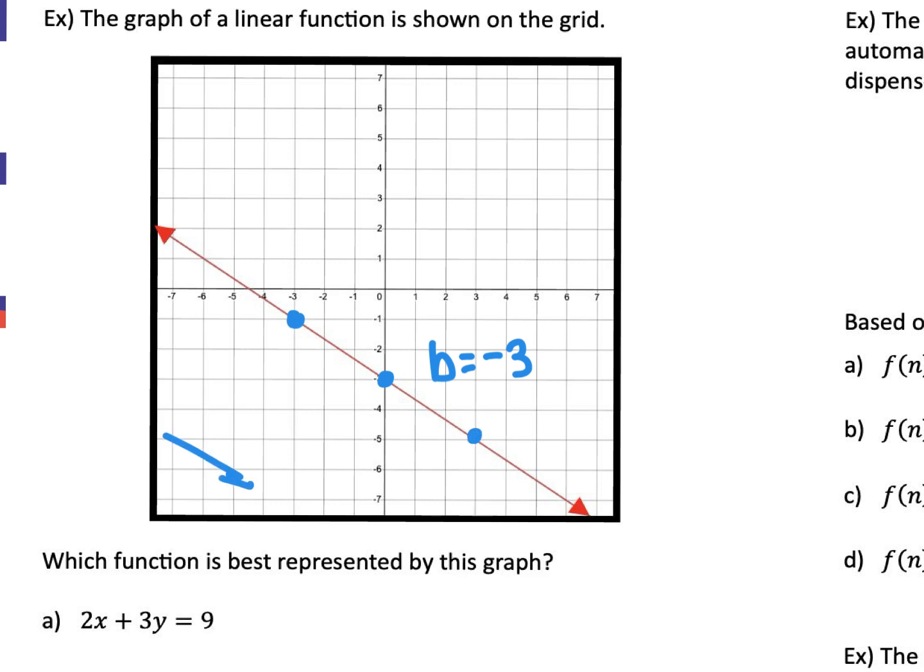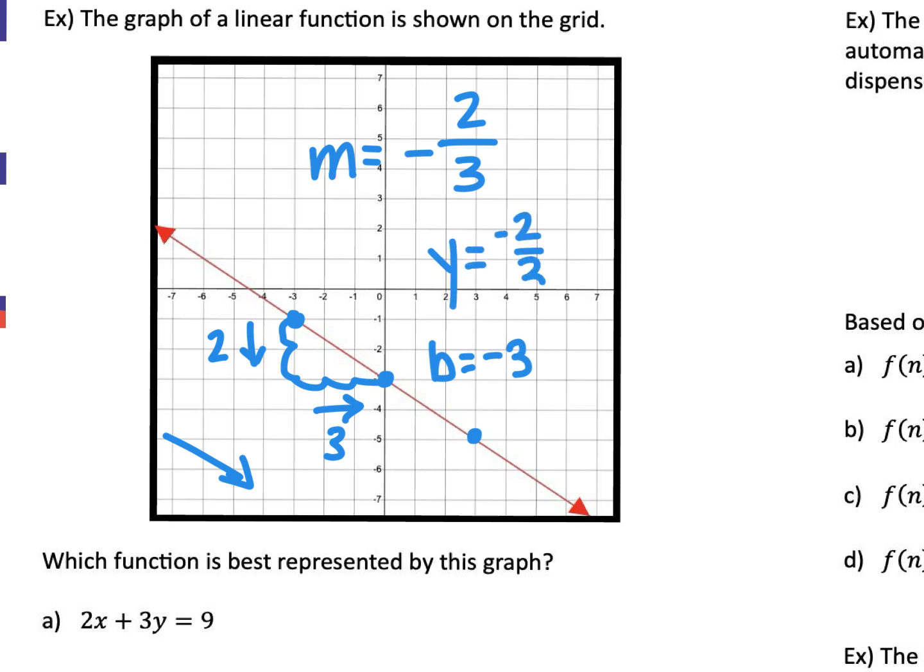My line is going down, so I know that I have a negative slope. And I can count, everything's counting by ones, so I'm going to go down 2, there's my negative. Remember, it can go on the top, the bottom, or the middle. And I'm going to go right. Right is positive 3. So my equation here is y equals negative 2 over 3 x minus 3.